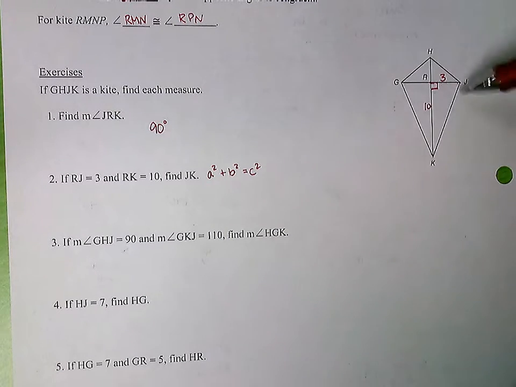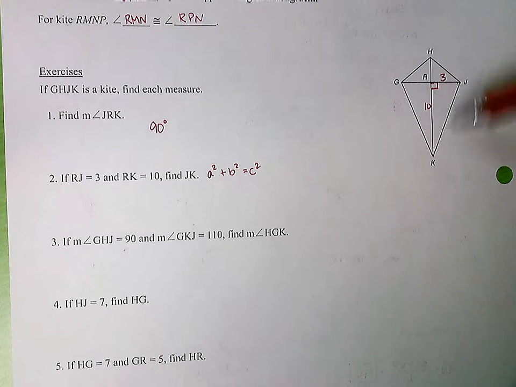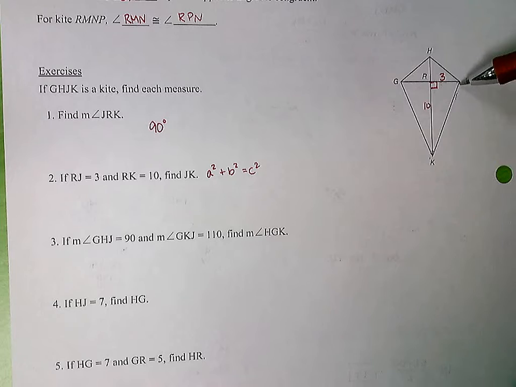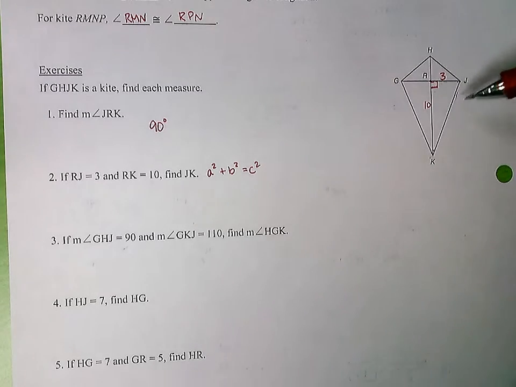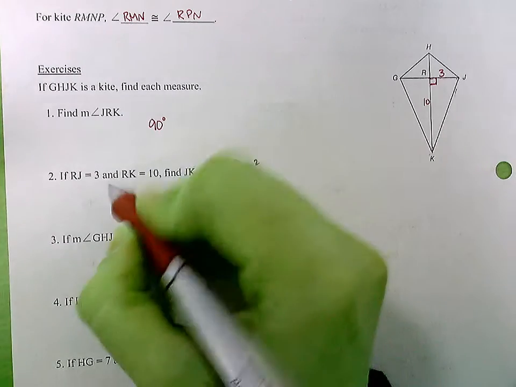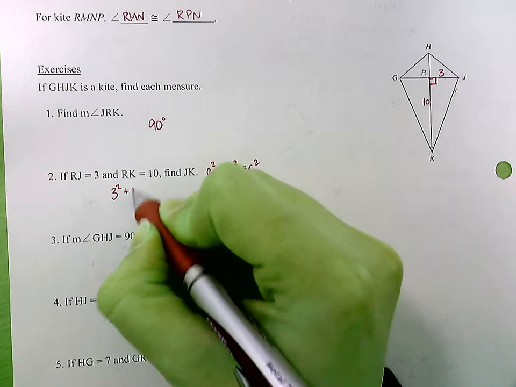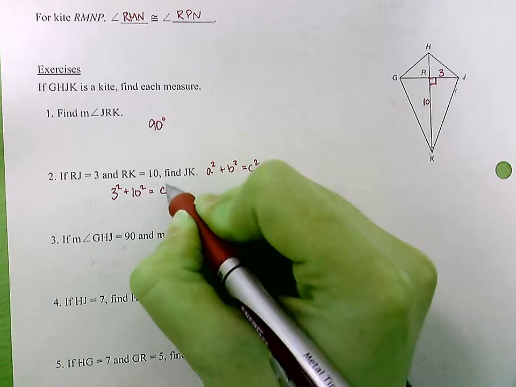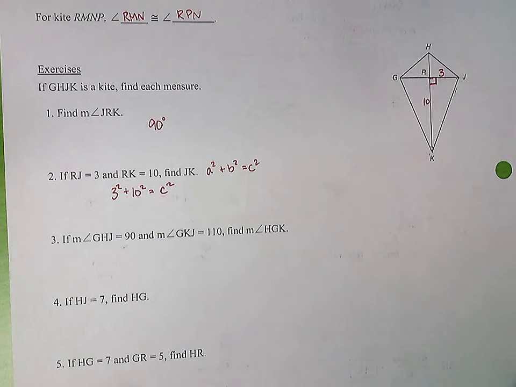I have this right triangle formed, JRK, and I want to find the hypotenuse of that right triangle, so that would be my c value. I can plug in 3 for a and 10 for b.